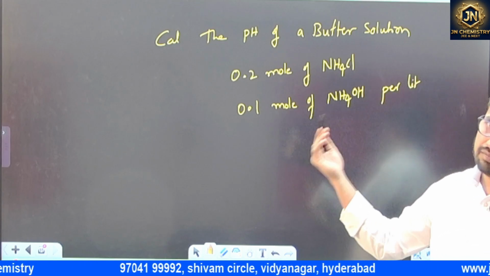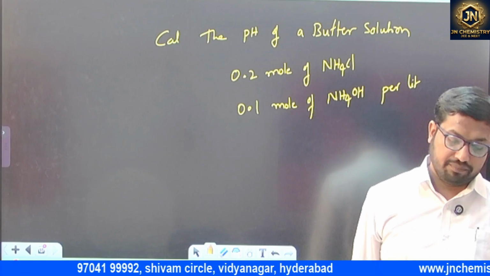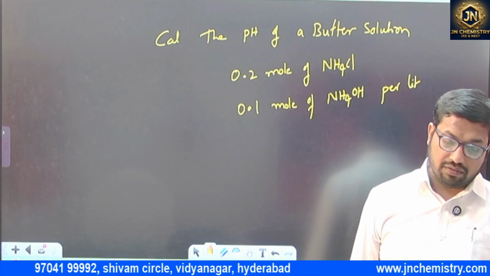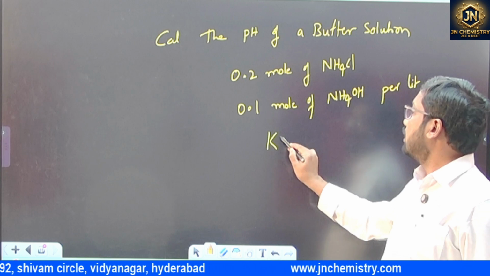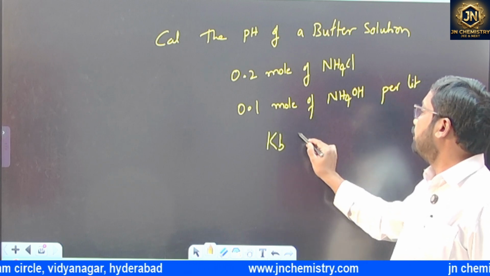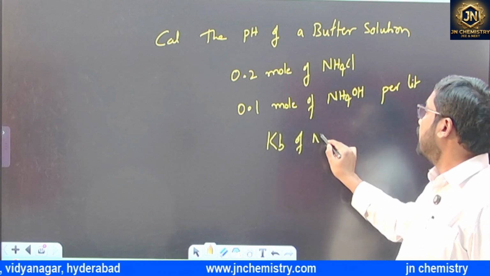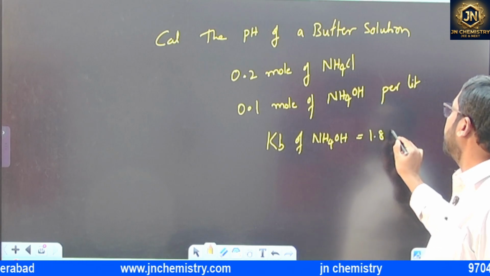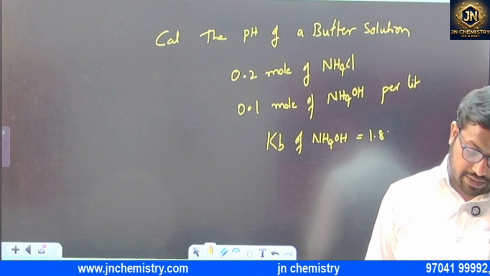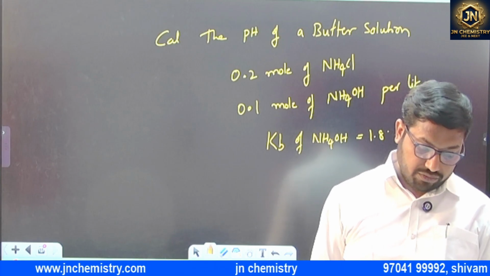Per liter means concentrations are given. Kb for NH4OH is 1.85 into 10 to the power of minus 5.